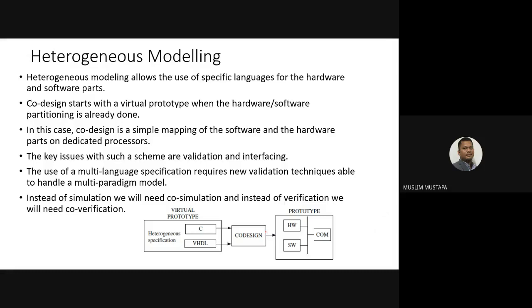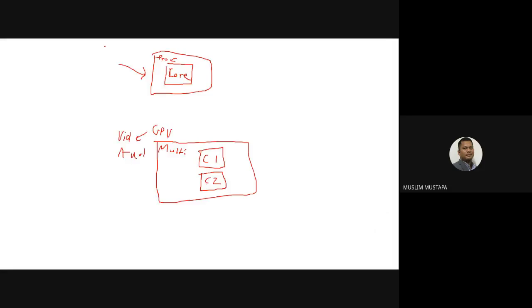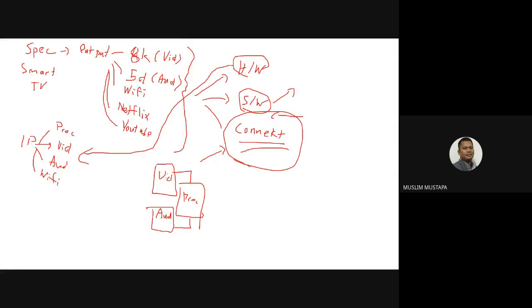You are using C and also VHDL from the beginning. Based on the spec, we already determined the spec here. So what do we need here for our smart TV?